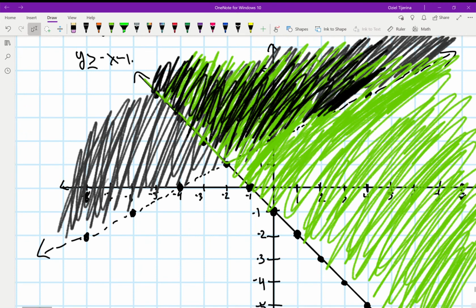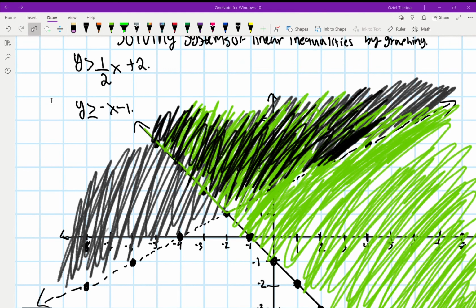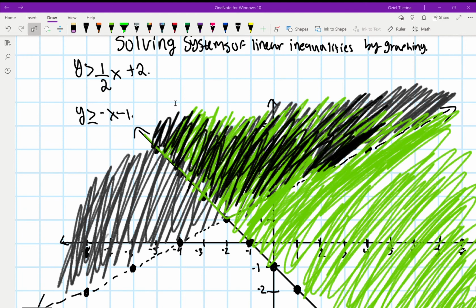If you want an actual representation of that, let's just, for the sake of it, graph it. And then y is greater than 1/2 x plus 2.